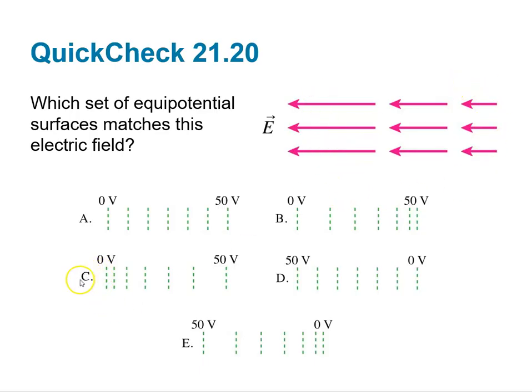That is going to be case C, because it shows the equal potential lines closer here than here. And again, we know the field goes from positive to negative, so this end is at a higher potential than this end. That's why 50 is on this side and 0 is on this side.